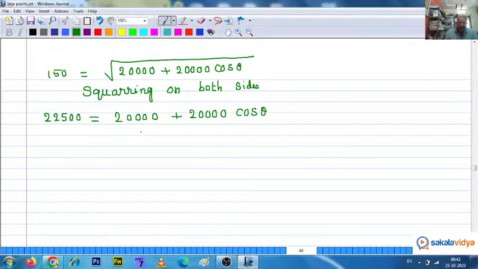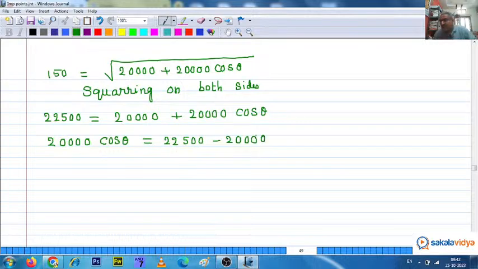Now, transpose 20,000 to the left hand side. Now, 20,000 cos theta is equal to 22,500 minus 20,000. So, my dear students, if you subtract this 20,000 from 22,500, what do you get?